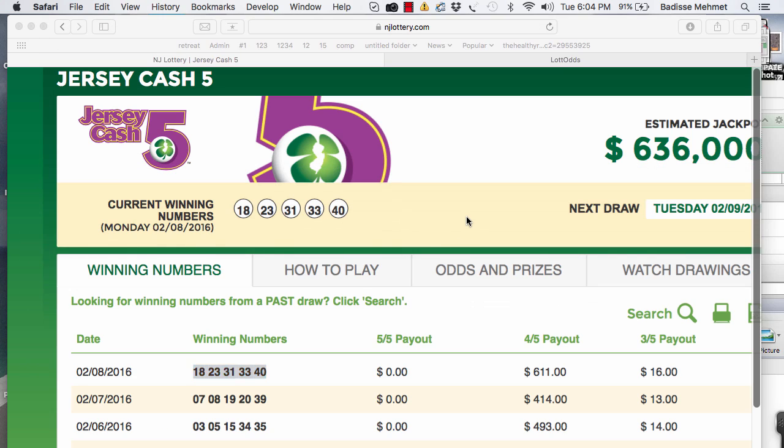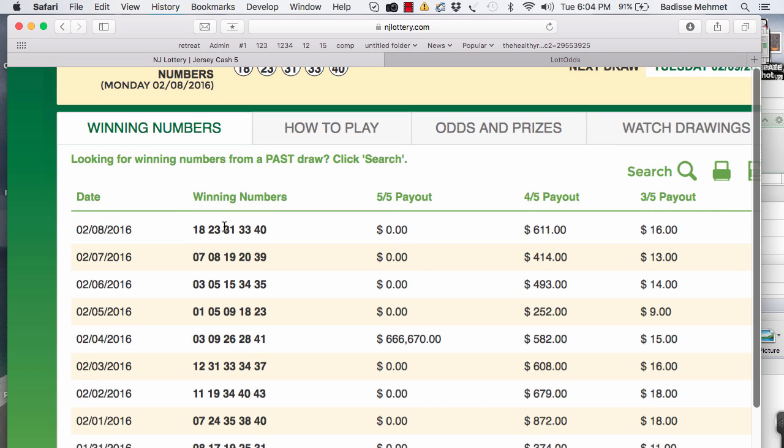Let me show you the New Jersey website. Look, first number here: 18 is 10 to 19. Here, 23 is 20 to 29. 31 and 33 are 30 to 39, and 40 is 40 to 43. This is one group pattern. This is 2 group patterns.